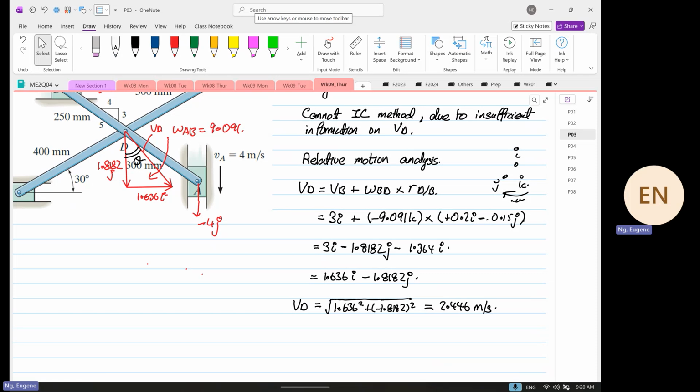So therefore tangent theta will be equal to 1.636 divided by 1.8182. Inverse tangent, you get 41.98 degrees.